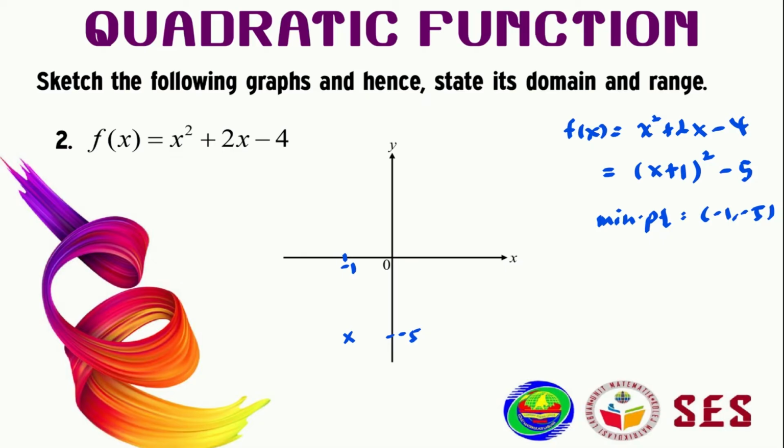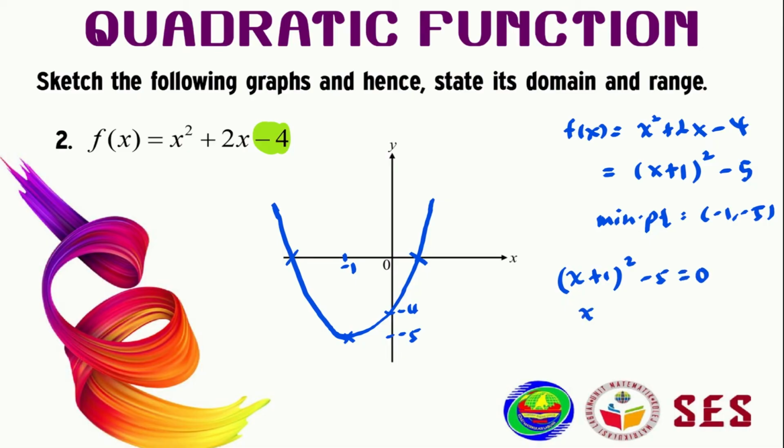Of course we have the y-intercept, which is -4. That is the c value in the function. So this is the -4, and we just need to sketch the graph now, and the shape is the smile shape. Make sure that it passes through the minimum point and the intercepts. Since the graph passes through the x-axis, we need to find the x-intercepts, so we set (x plus 1) squared minus 5 equals 0.